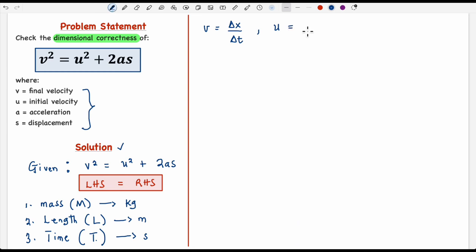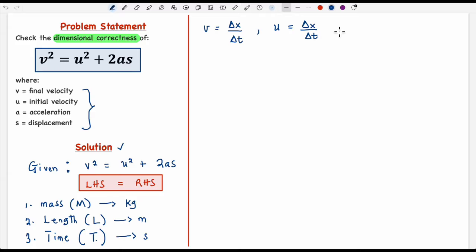Again, we have the initial velocity given as u, which is also velocity. So whether final or initial velocity, it is velocity. Velocity, as we know, is defined as the change in position divided by the change in time. Again, this initial velocity has the change in position, that is dimensions of length, divided by the change in time.